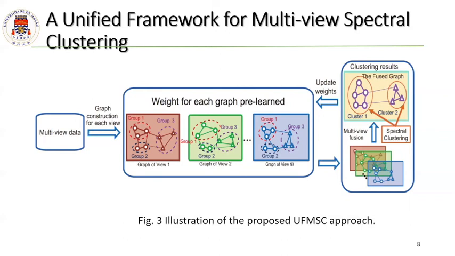The proposed method integrates three learning processes into a unified framework. That is, learning the consensus affinity matrix, learning the spectral embedding, and recovering the indicator matrix.